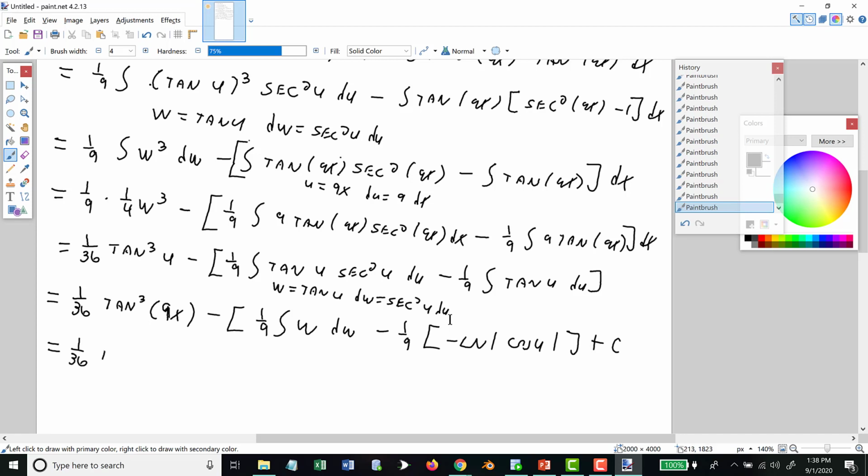1/36 tangent to the 3rd power of 9x minus 1/9, add 1 to my power, divide by my new power, minus, or negative becomes a positive, so I can bring that out. And natural log, the absolute value of cosine of u, and u is set to 9x, plus c.